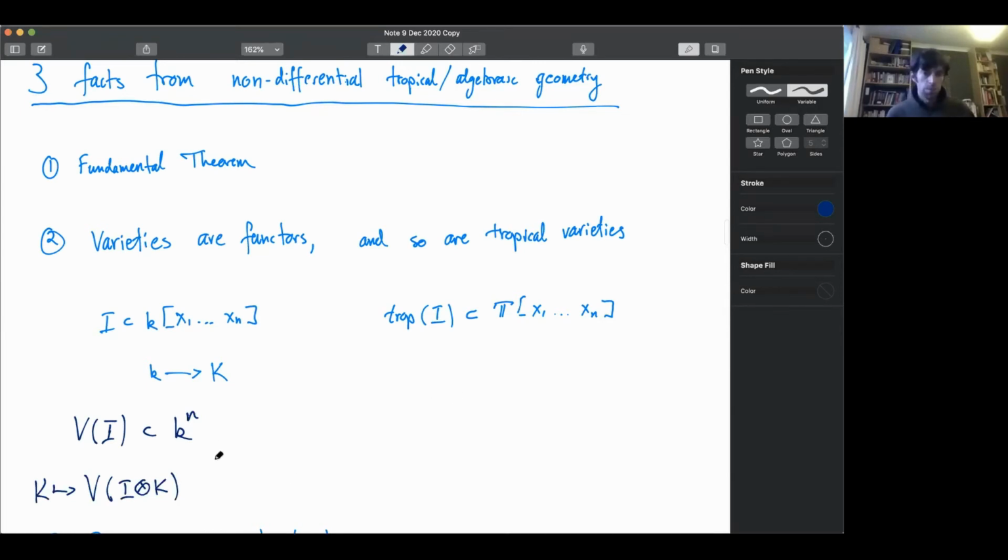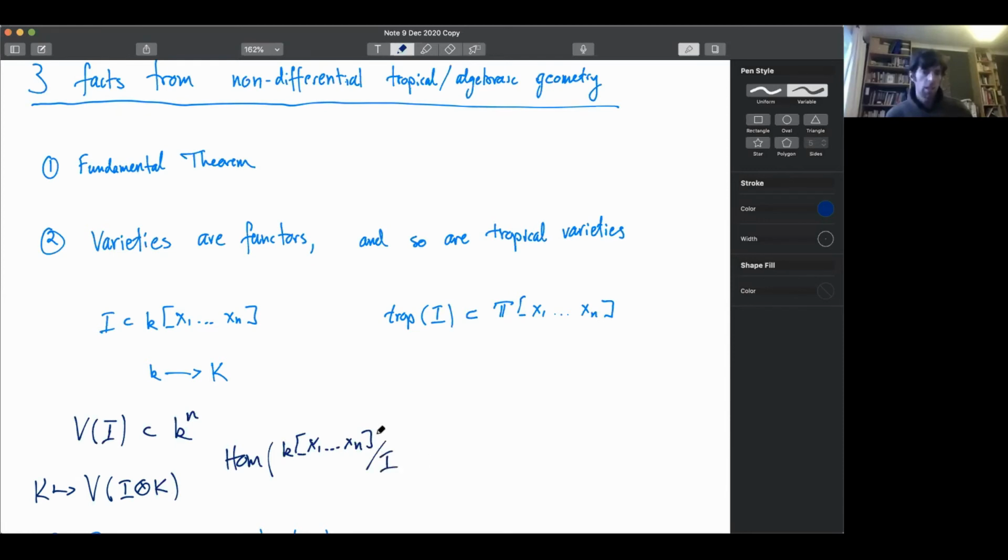Now, you can get this thing by looking at homomorphisms from, this is a very, very basic idea from scheme theory that everybody here knows, I'm sure.